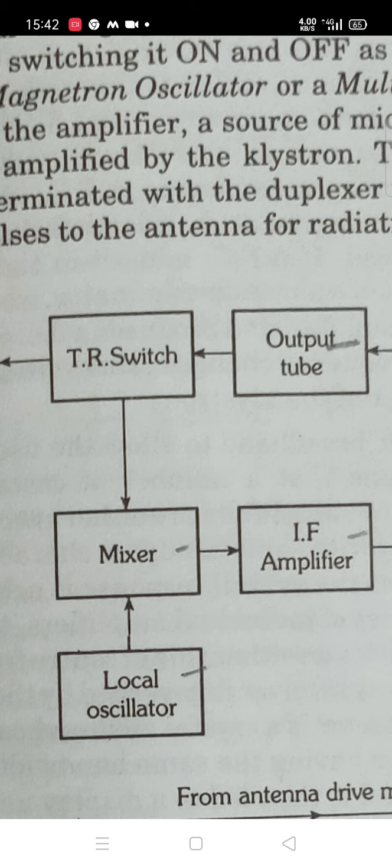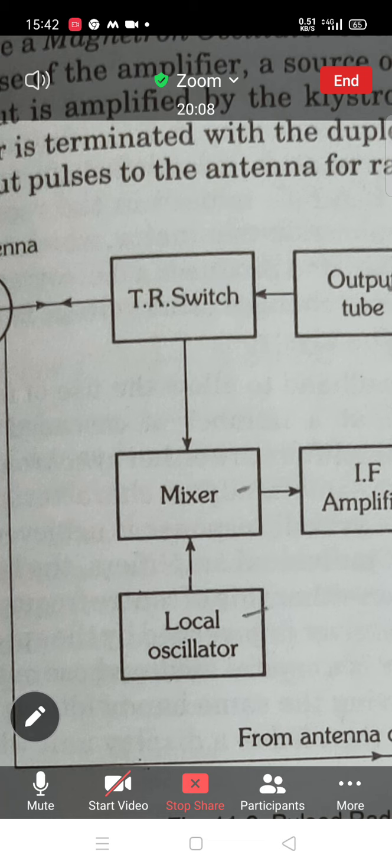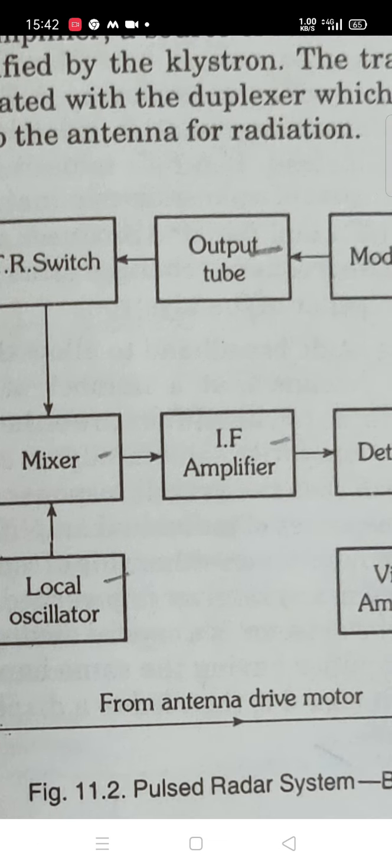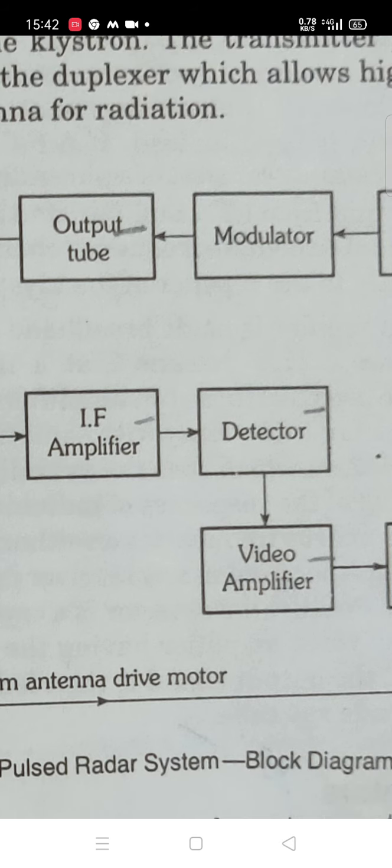The receiver section of the radar set consists of a mixer, an IF amplifier, that is intermediate frequency amplifier, then a detector. What does detector mean? Or demodulator. What is the meaning of detection or demodulation?